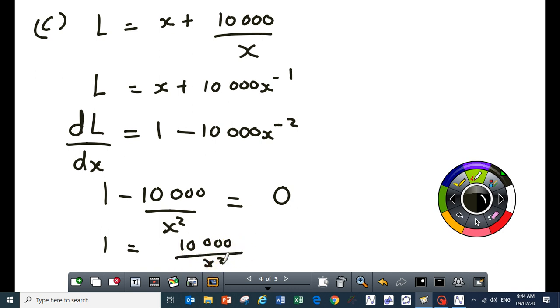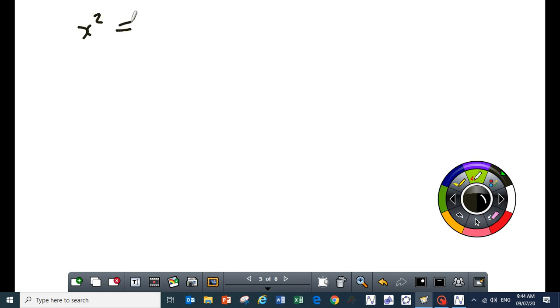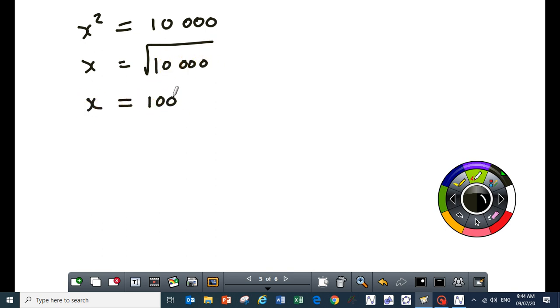Now let me go to the next page because of space. So you end up getting X squared equal to 10,000. So your X is going to be the square root of 10,000, which in that case will be 100. I think here we can put units, because we didn't specify.